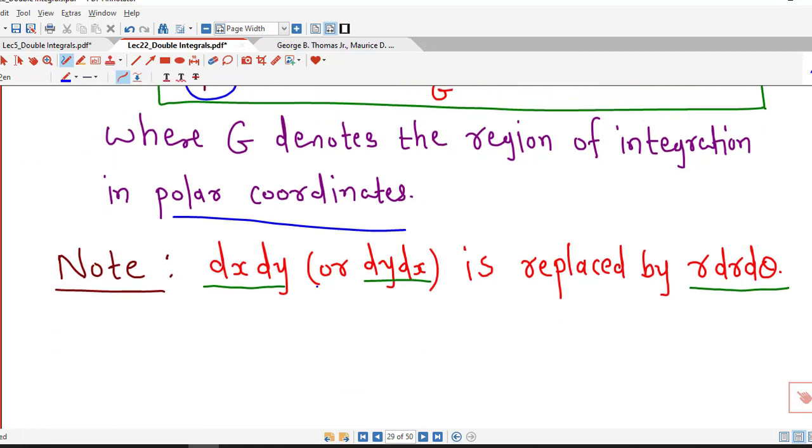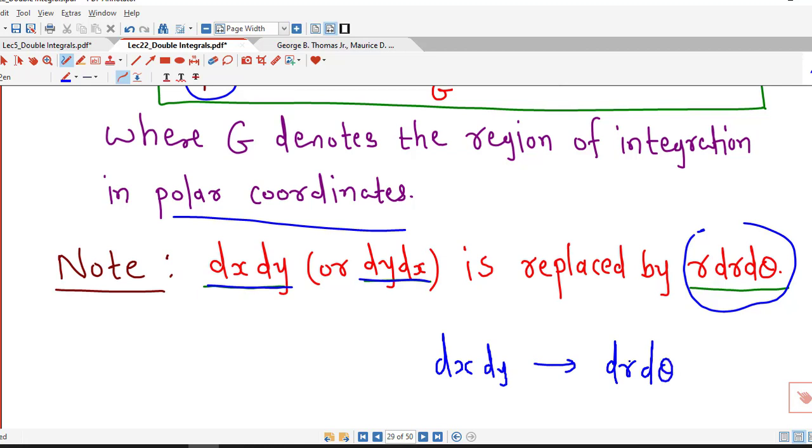Again we repeat: we will replace dx dy or dy dx by r times dr d theta. We will not replace dx dy by dr d theta, but we will multiply by r.